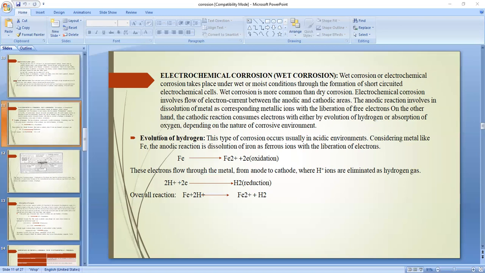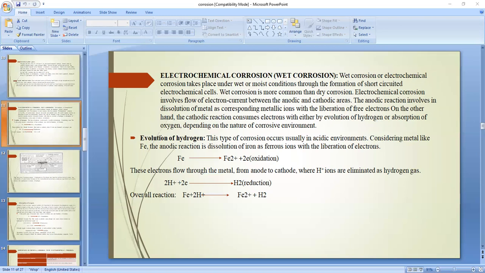In the case of liberation of hydrogen gas, we find a large anodic area and a small cathodic area. As I said, the rate of corrosion is faster when a metal reacts with the acidic medium. As soon as a metal is exposed to the acidic solution, the rate of corrosion is faster, so you find a large anodic area, and the areas which remain unaffected are the cathodic areas.